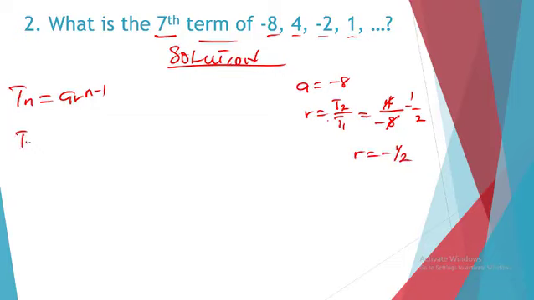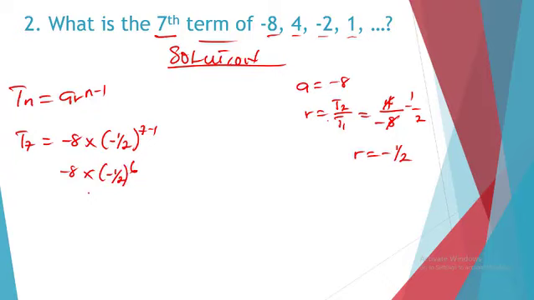Okay, so T7 will be equal to A, which is minus 8, times minus 1 over 2 raised to power 7 minus 1. This is minus 8 times minus 1 over 2 raised to power 6.